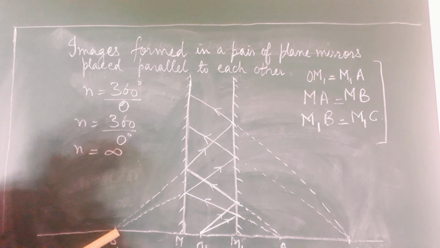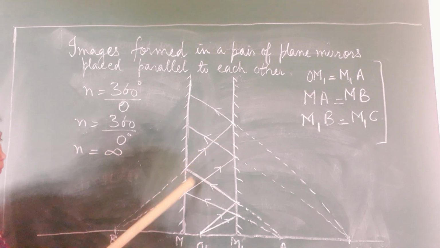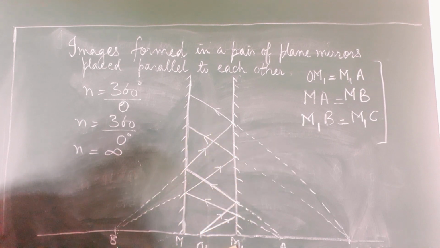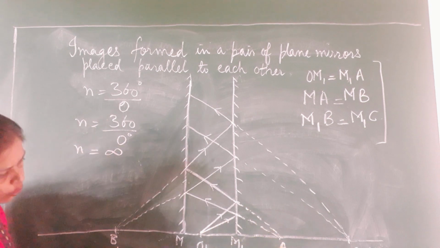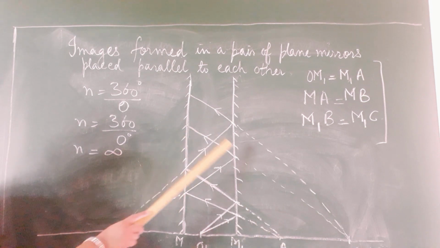And the rays will meet there. After the rays meet here, what happens? I extend them forward so that they fall on M1, and this B will be the object for M1. A was the object for M. B is the object for M1.